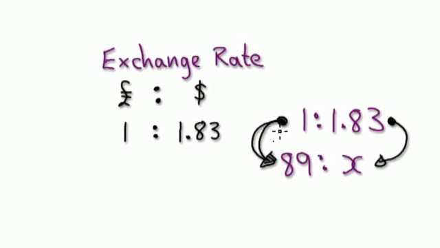Now, let me just tidy this up. So you would start at the 1 and jump into here. Find out what we need to multiply from the 1 to 89. Let's just go backwards now. 89 divided by 1.